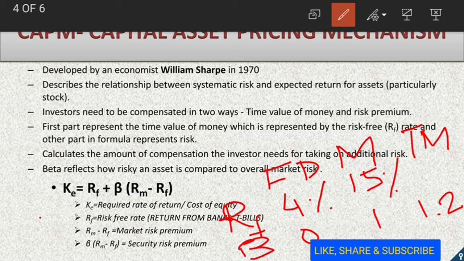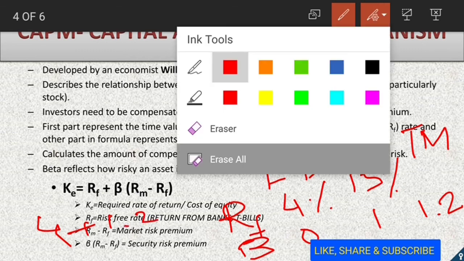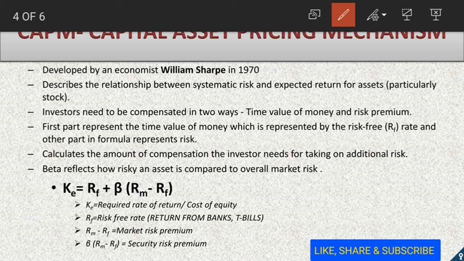So now put all the values in the formula. 4 plus beta is 1.2. Just a second, I'll erase all the values. Now what is RF? RF is 4. Beta is 1.2. What is RM? RM is 15 minus what is RF? 4.